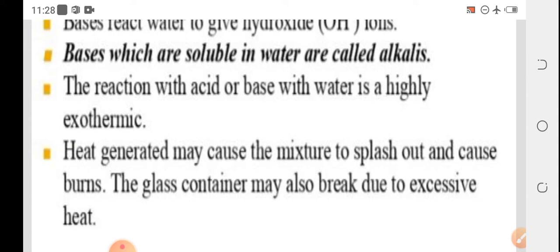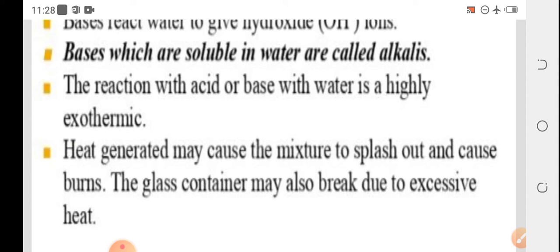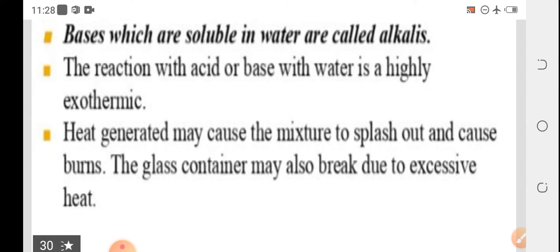So when we add acid or base to water, it is diluted, and this process releases some amount of energy, which is called exothermic.